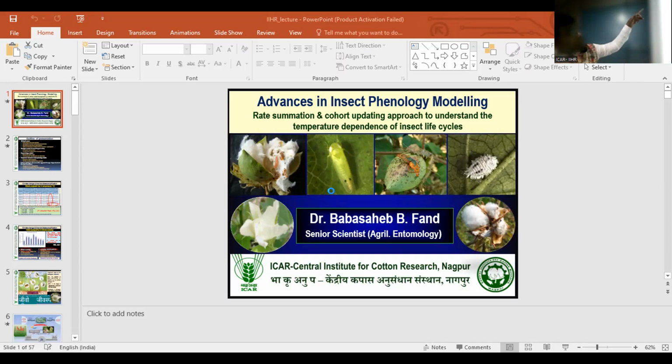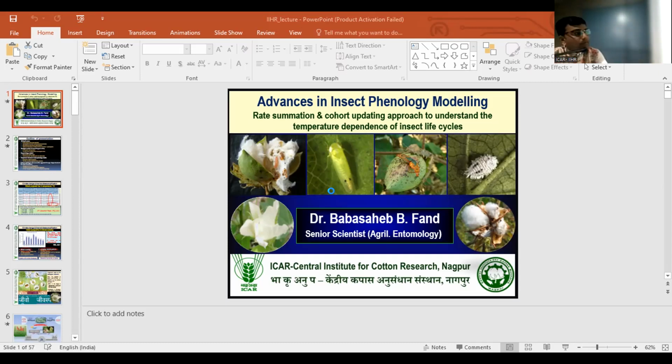This is the scenario of how the global projected rise in temperature will be according to the latest assessment report of the IPCC, Intergovernmental Panel on Climate Change. It says there will be an average of 4.4 degrees Celsius rise in temperature of Earth's surface by the end of the 21st century, and the range will be 1.4 to 4.4, based on different scenarios.